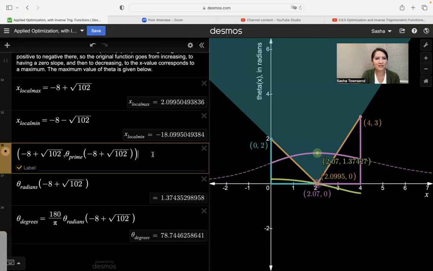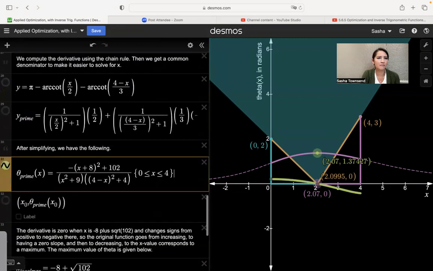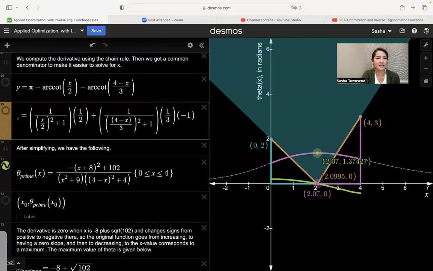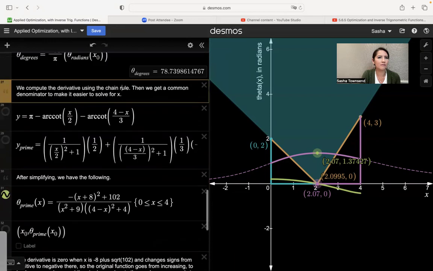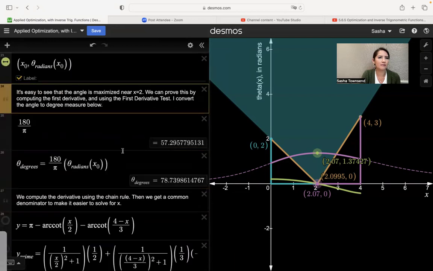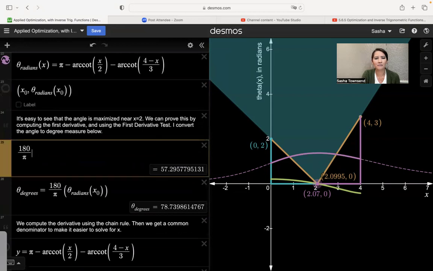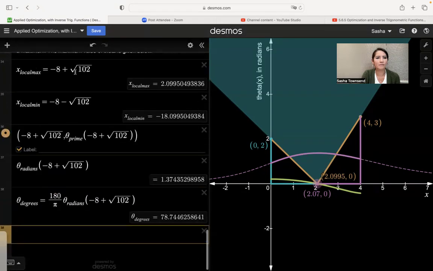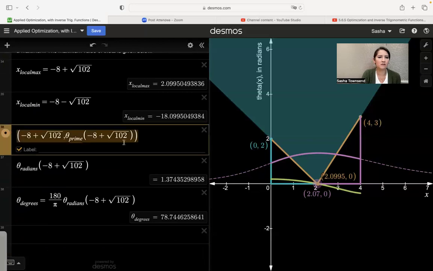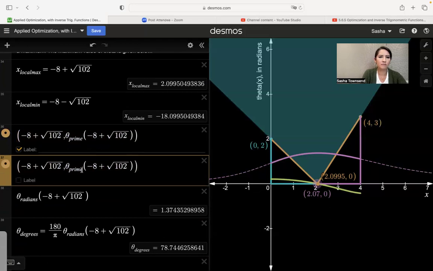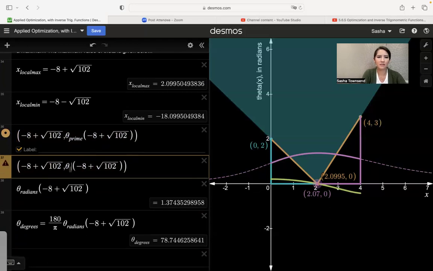Oops, actually, still plotting the x naught. Don't want that one. I want it to plot this point for me. Not the derivative, the original function.